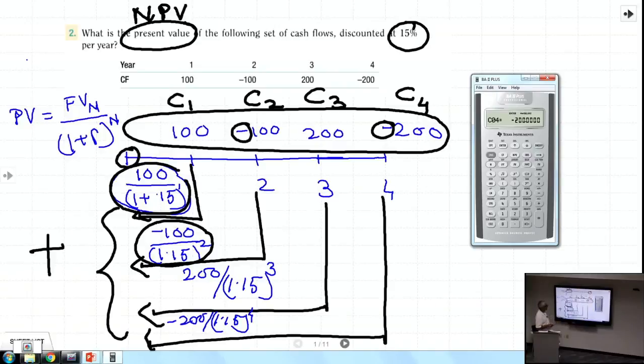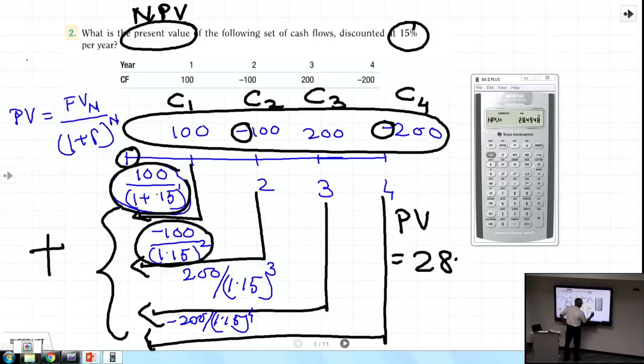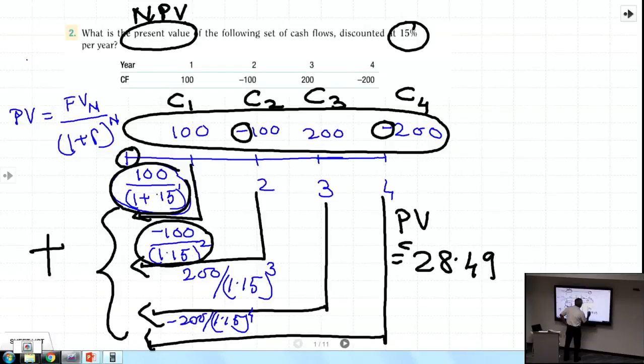Okay, so that gives me net present value of 28.49, not 49. It's 28.49. So present value is 28.49.